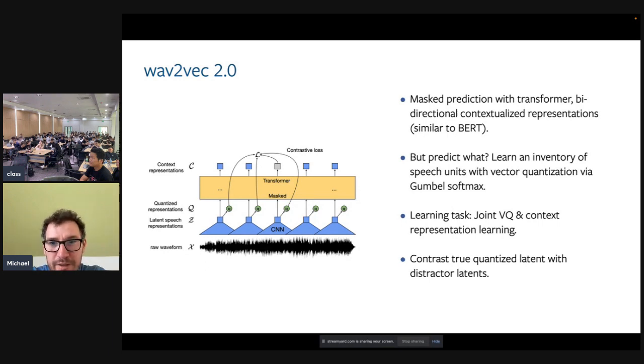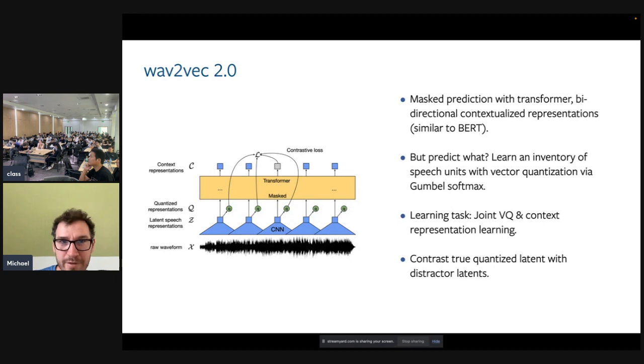This learning task can be seen as a joint vector quantization, the process I just described of having this inventory of speech units, and also context representation learning, which is what the transformer does. And the way we train the model is by contrasting the true quantized latent, the quantized square behind the masked time step, with potential alternatives.